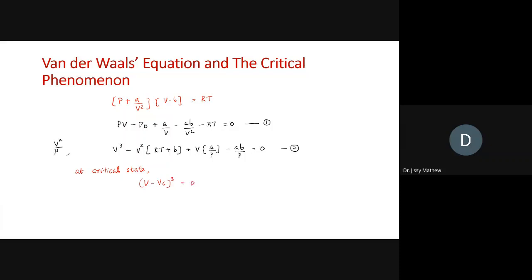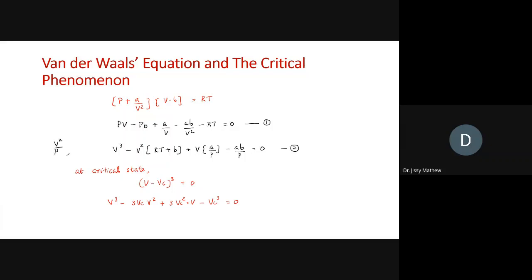When this equation is expanded, we get V³ − 3Vc V² + 3Vc² V − Vc³ = 0.